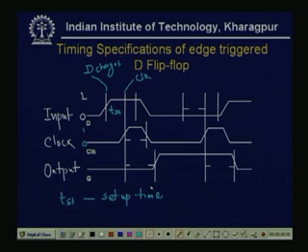Now, after the clock changes, the input should again be steady. So, this is T setup, and this should be the whole time, that means T hold. This is the hold time.